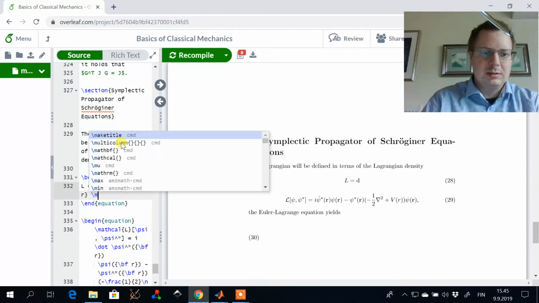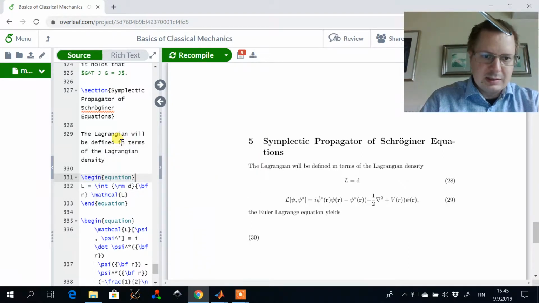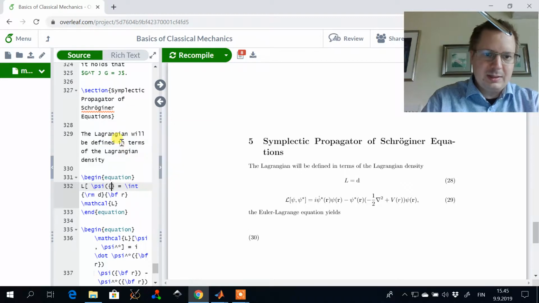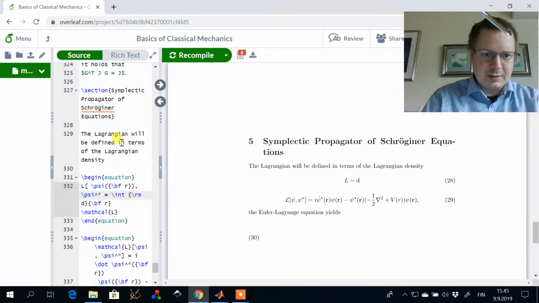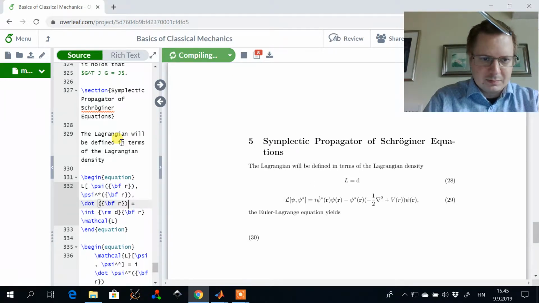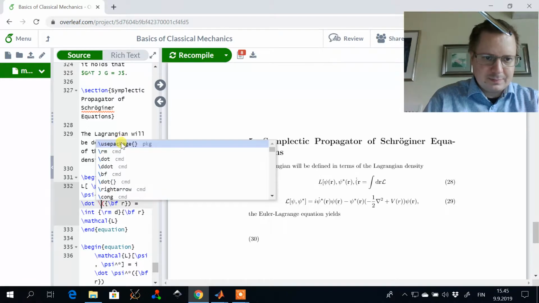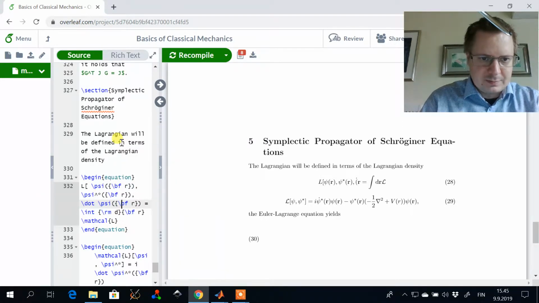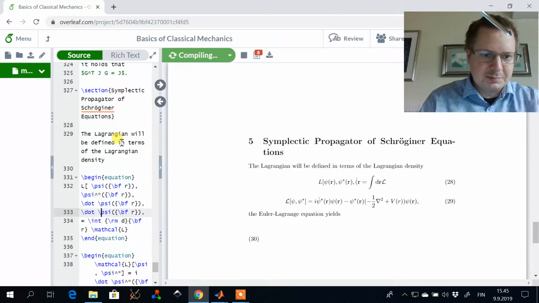And the Lagrangian will depend on the functions psi and psi star, and on dot psi and dot psi star.